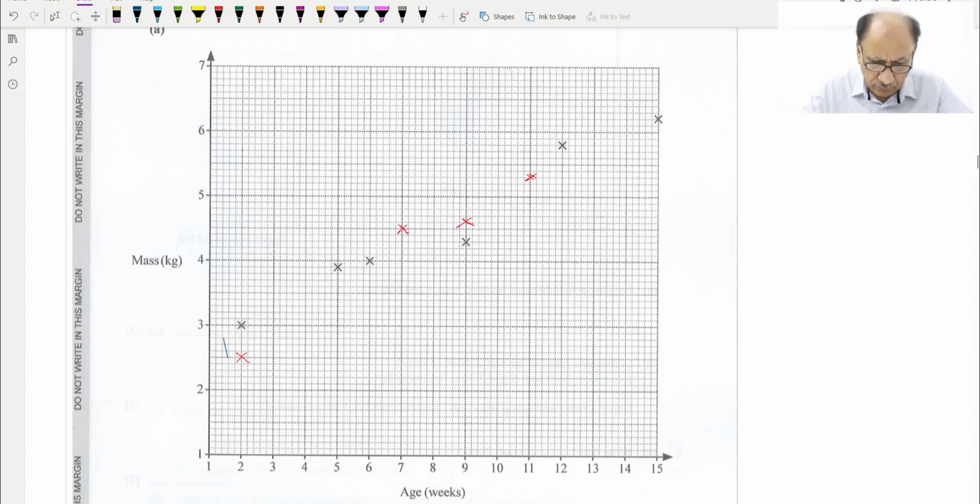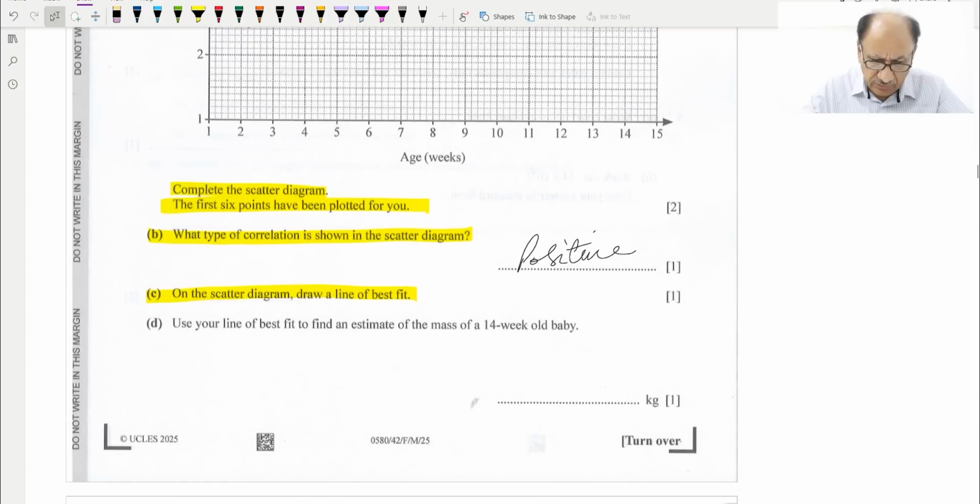So we can draw a line of best fit over here. Roughly it's fine, or we can move a little also over here. And next they are saying use your line of best fit to find an estimate of the mass of a 14-week-old baby.